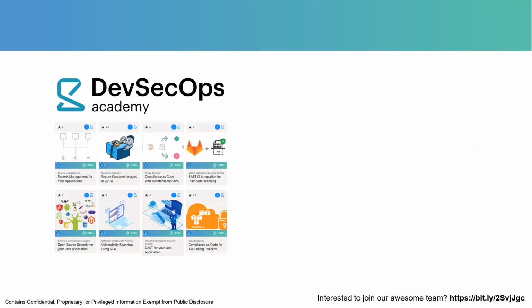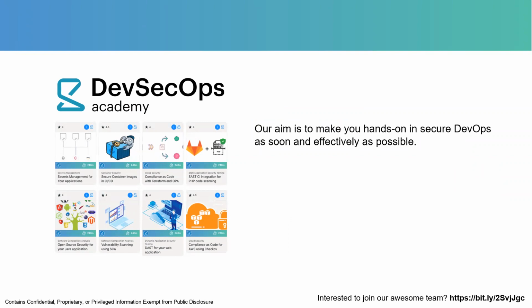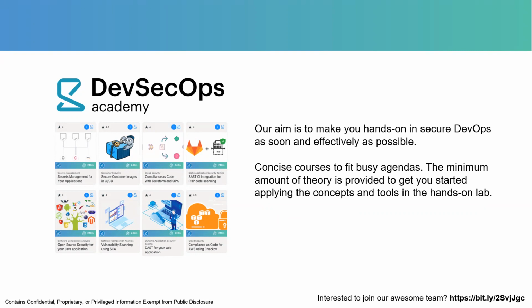And then who are we as a company? We are DevSecOps Academy. Our aim is to make you or your team hands-on and secure in DevSecOps as soon and effectively as possible. We do that with concise courses which fit your busy agenda.